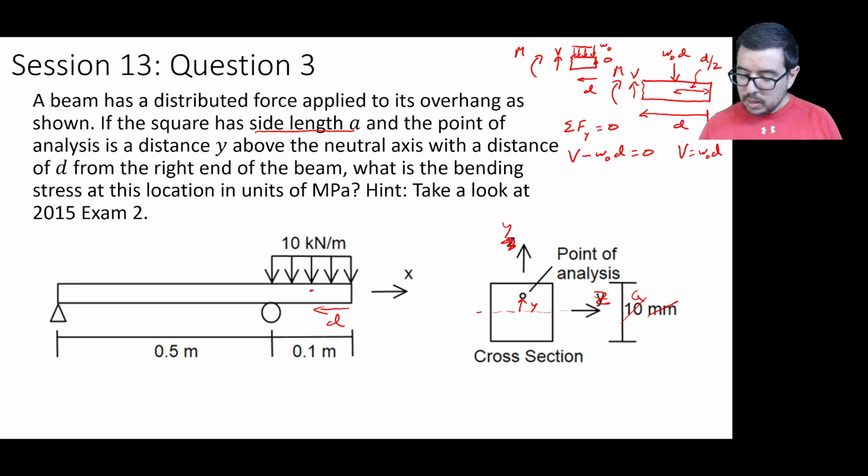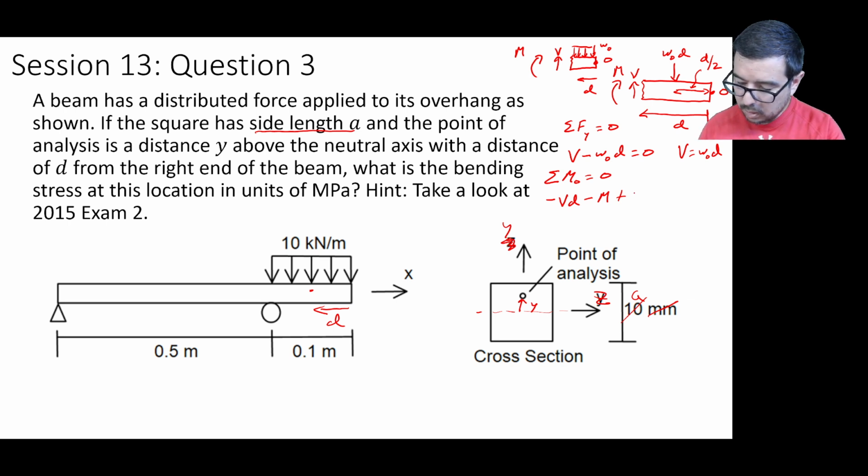Summation for the moments at location O, which we called to be over here, that's going to be equal to 0. And we can say that we have a negative VD, a minus M, this is assuming that positive moment is coming out of the board, and we have a plus W naught D times D over 2.